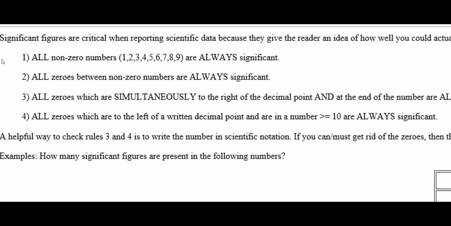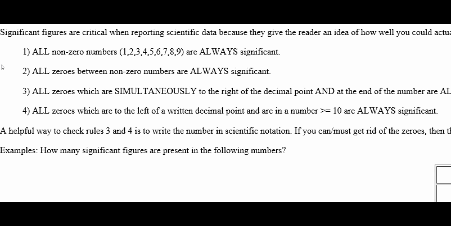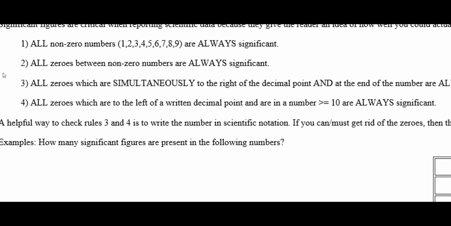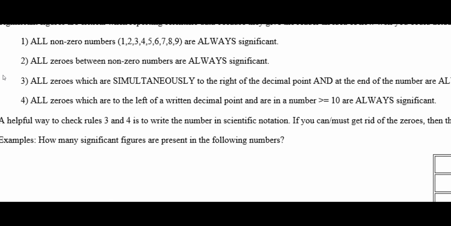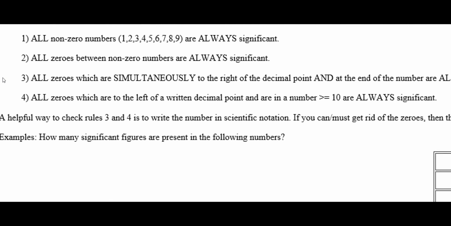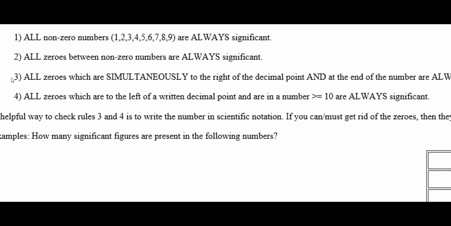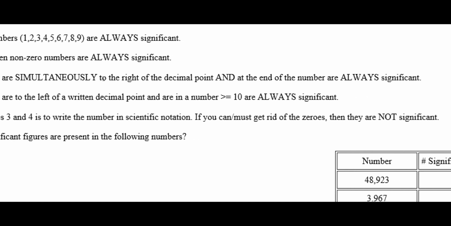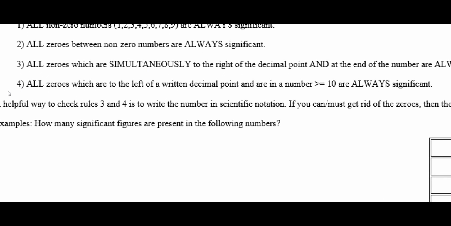1. All non-zero numbers, that is 1 through 9, are always significant. 2. All zeros between non-zero numbers are always significant. 3. All zeros which are simultaneously to the right of the decimal and at the end of a number are always significant. 4.